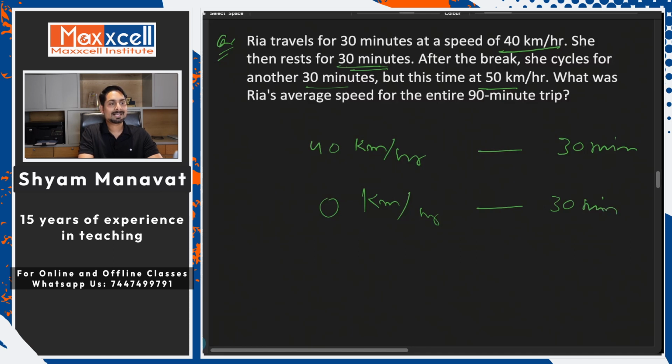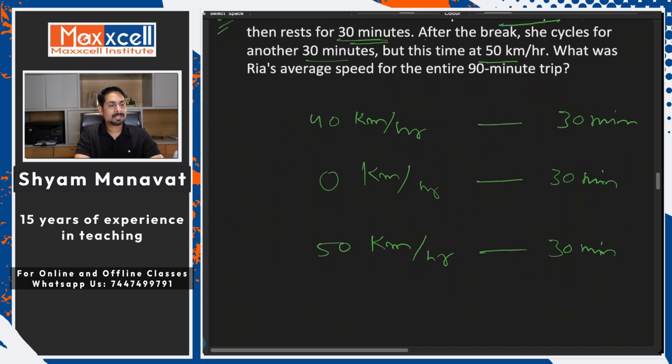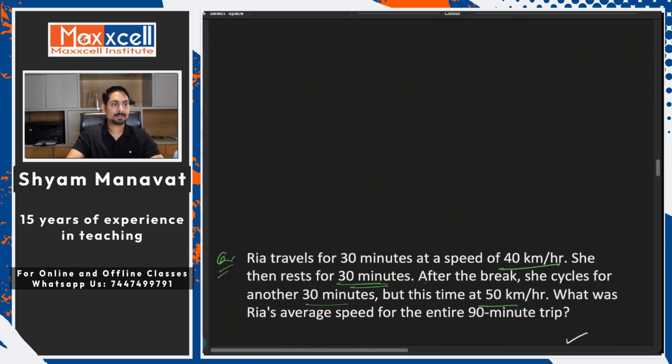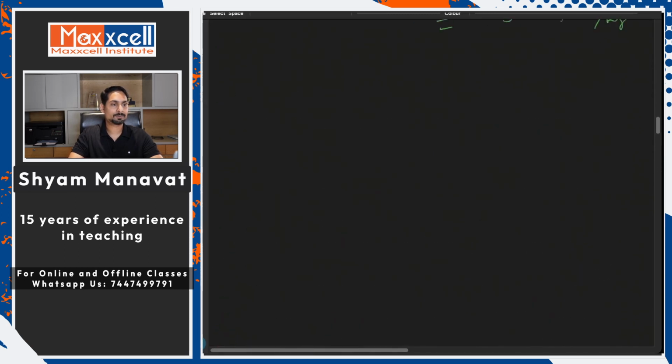After the break, she cycled another 30 minutes with a speed of 50 kilometers per hour. Now look at this. Do you find time is the same with different speeds? Yes, time is the same with different speeds.